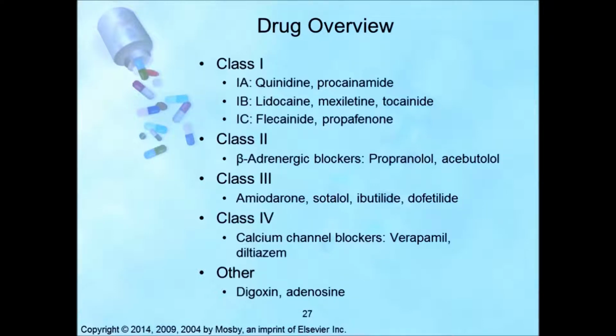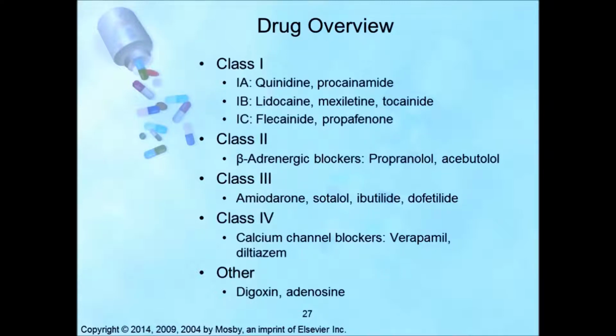The Class 4 drugs include the calcium channel blockers such as verapamil and diltiazem. These drugs inhibit calcium ion influx through slow channels into conductile and contractile myocardial cells and vascular smooth muscle cells. They also slow AV conduction and prolong the effective refractory period within the AV node.